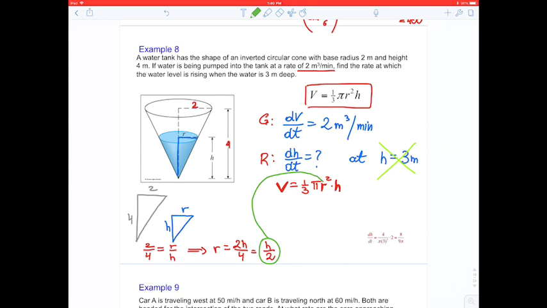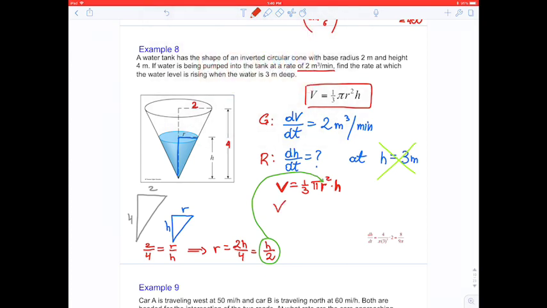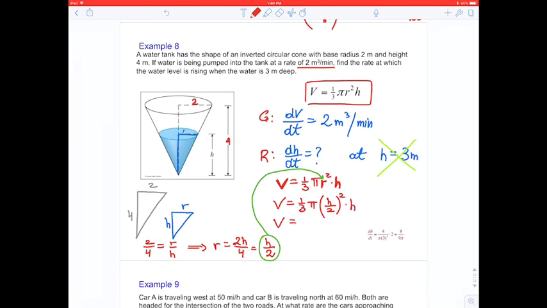That means I will substitute this instead of r in my volume formula. 1/3 pi, h over 2 squared, and another h. Okay, let's see. We do have h squared and h. This will be h cubed.